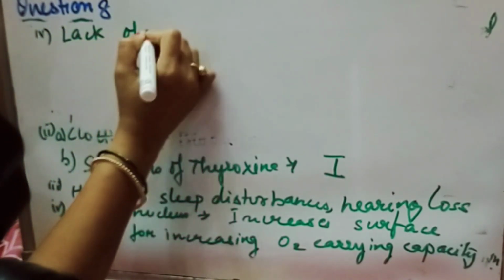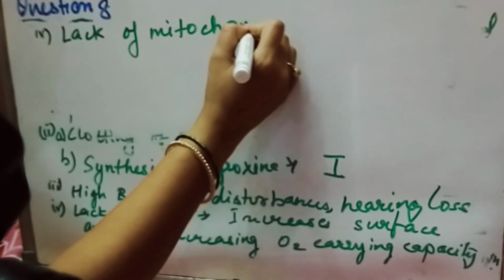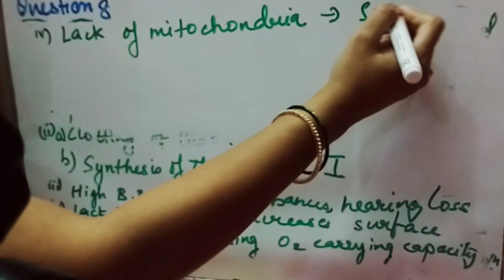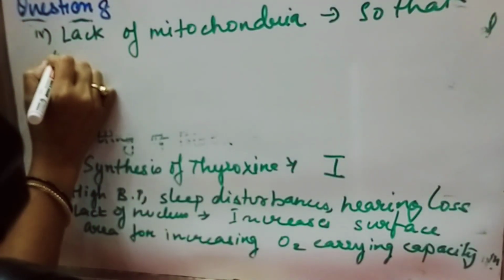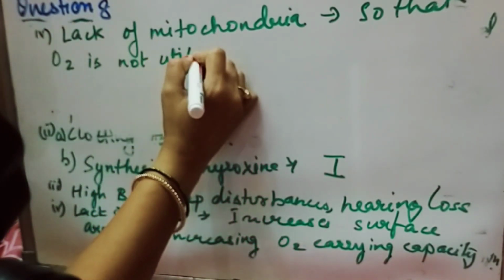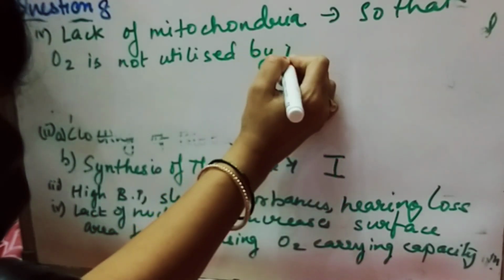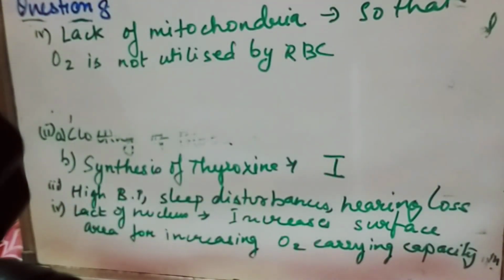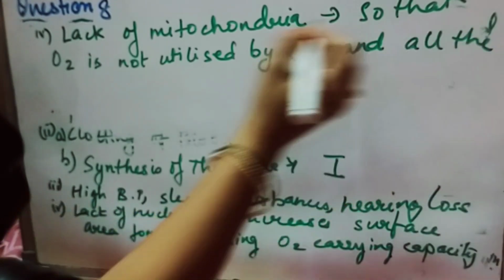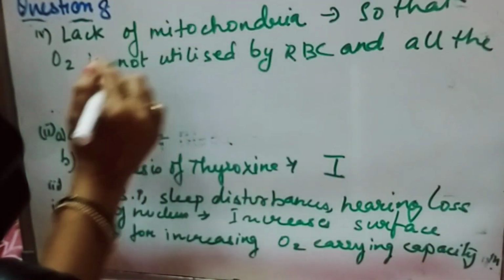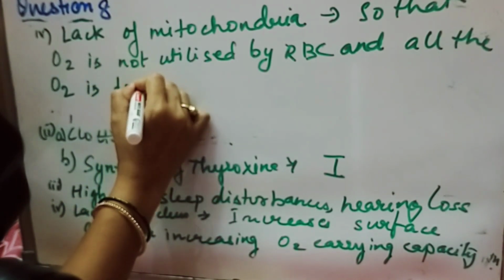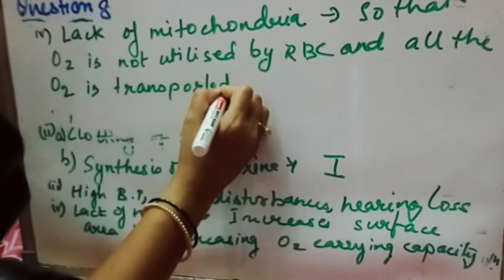Lack of mitochondria, so that oxygen is not utilized by RBC and all the oxygen is transported to target organs.